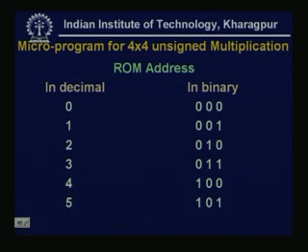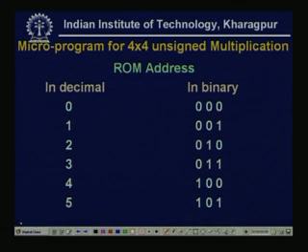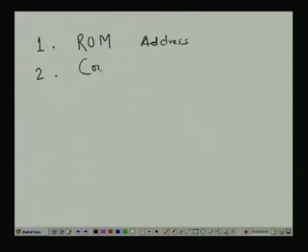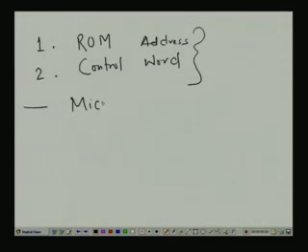Actually, we have to consider three things: first, the ROM address; second, the control word; and for these two we will see what micro operations are to be performed, and this gives me the microprogram.